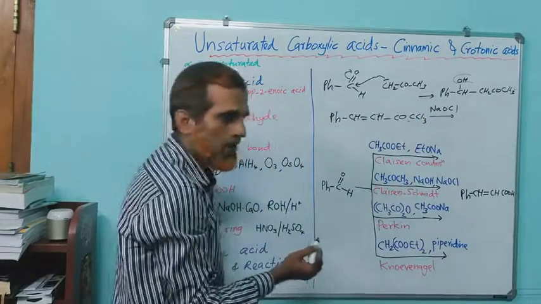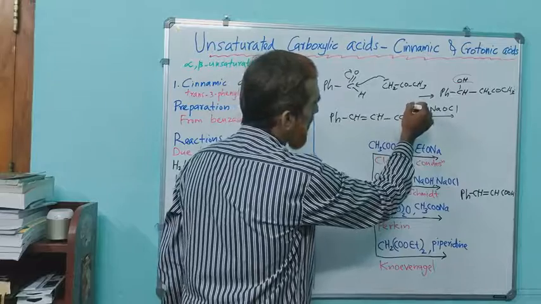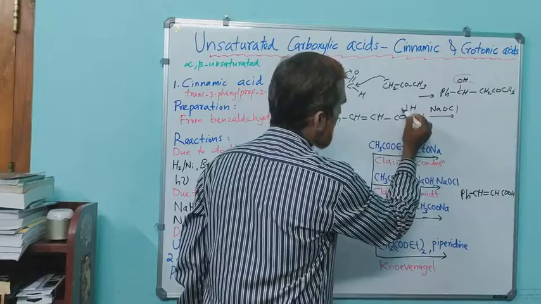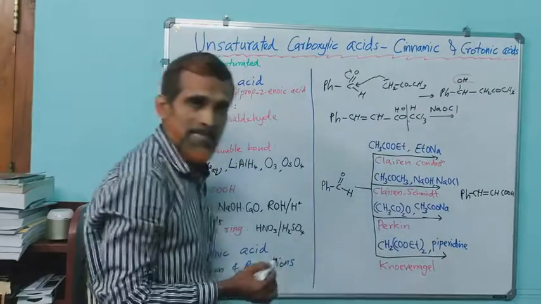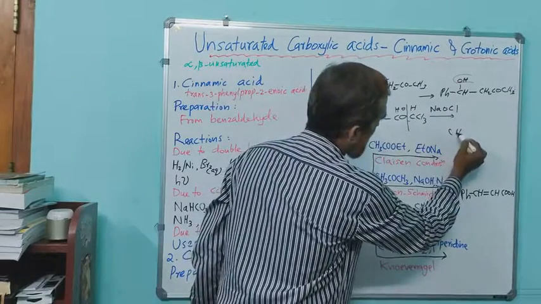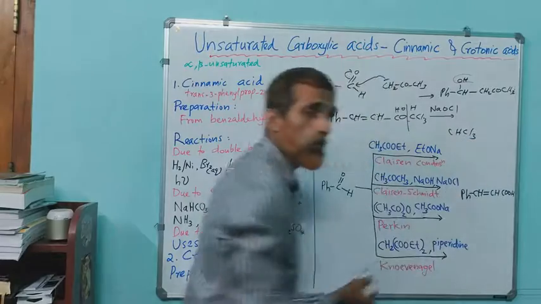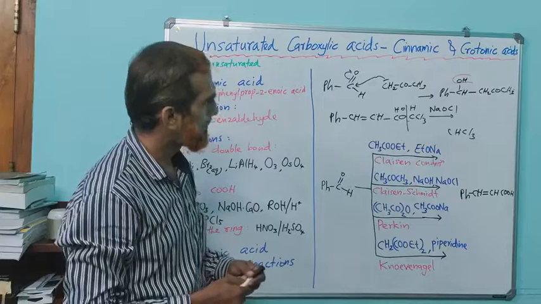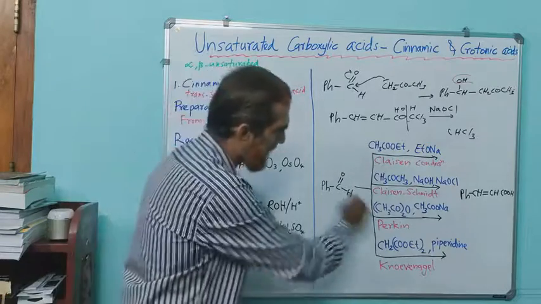And finally this will be cleaved with a water molecule, and you get cinnamic acid. And see the byproduct, you are getting CHCl3, that's chloroform, which is similar to iodoform in the iodoform reaction. Now coming to Perkin reaction.